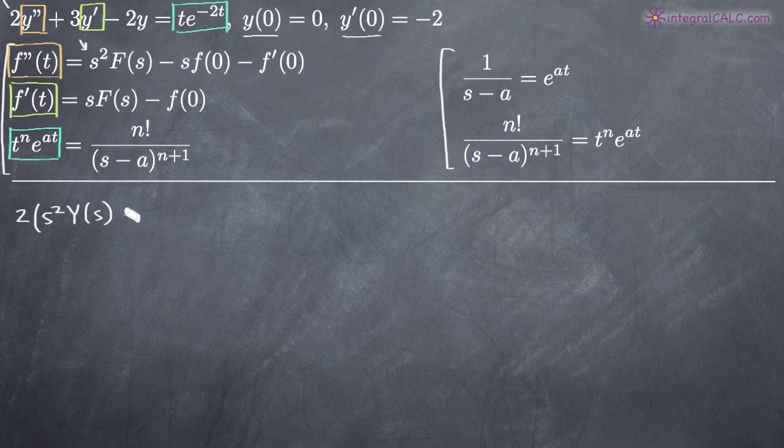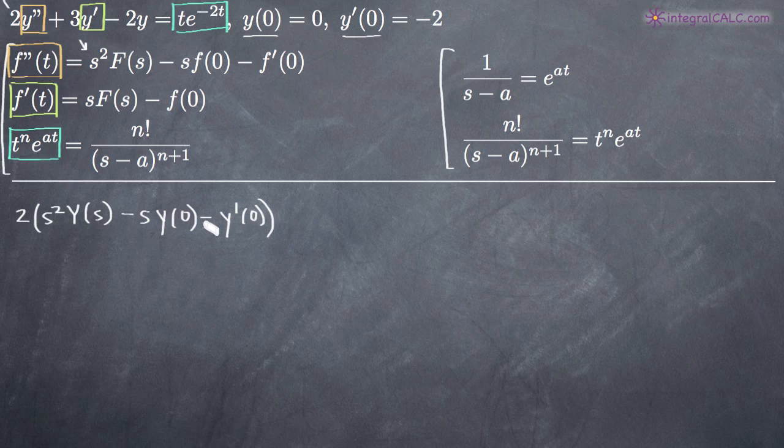So s squared times Y of s minus s times y of 0, and again lowercase y because we've switched from lowercase f, minus y prime of 0.